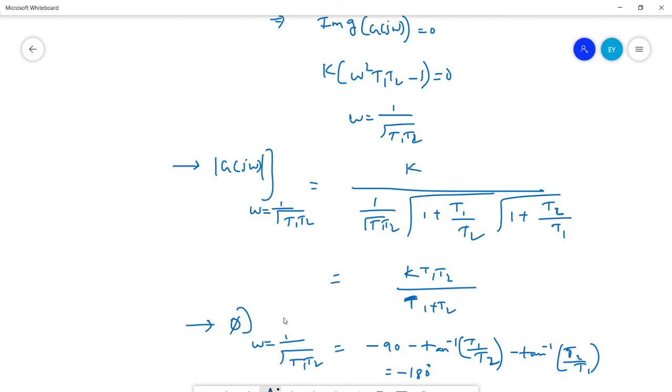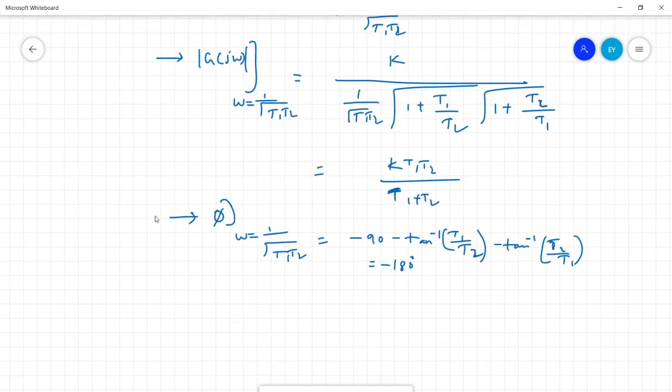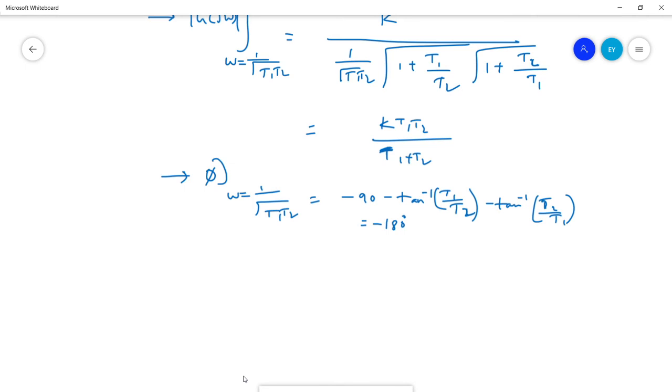From all these terms, we can plot the polar plot. Consider polar coordinates 0, minus 90, minus 180, minus 270.